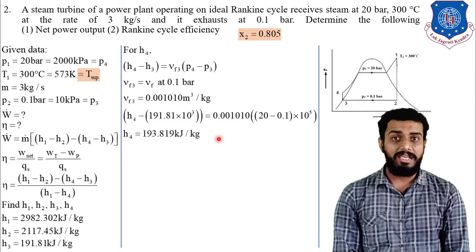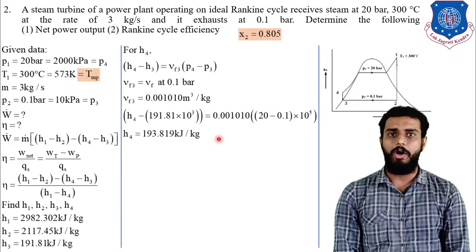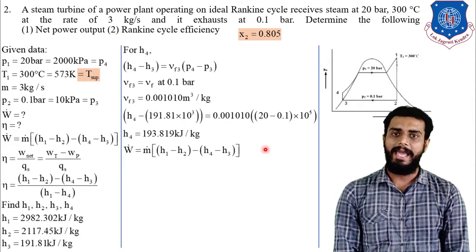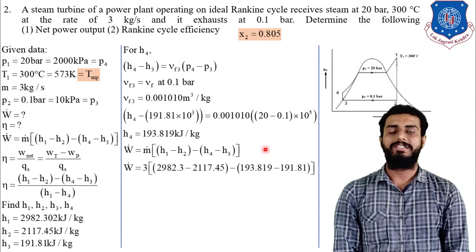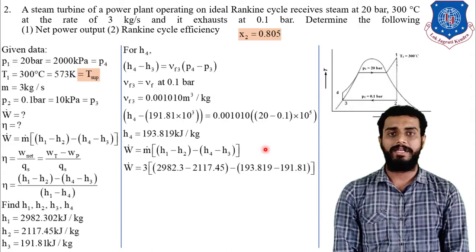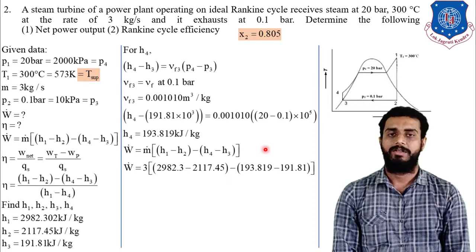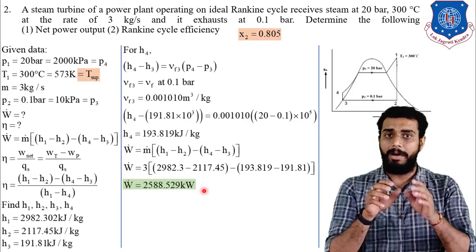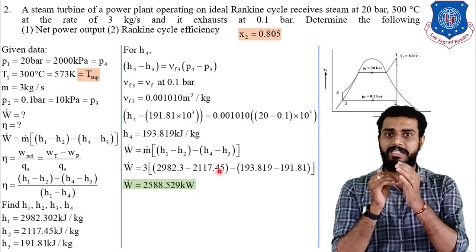In the same way, the efficiency of the Rankine cycle can be found using the enthalpies as 0.3094 or 30.94%.